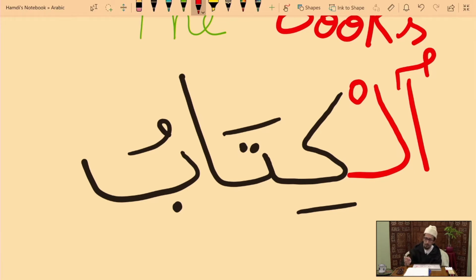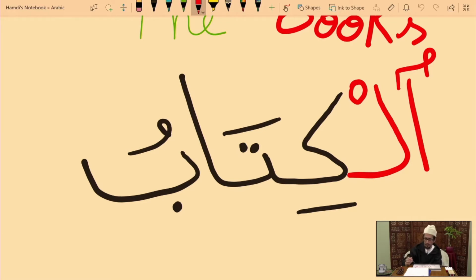Al-kitabu. Al-kitabu. So the tool is this. It is al. So the word is kitab. Al-kitabu. That's to say the book.